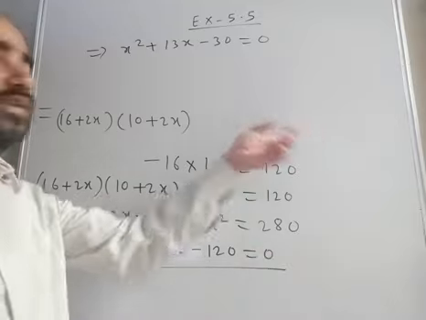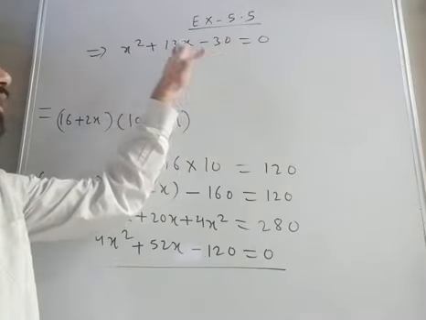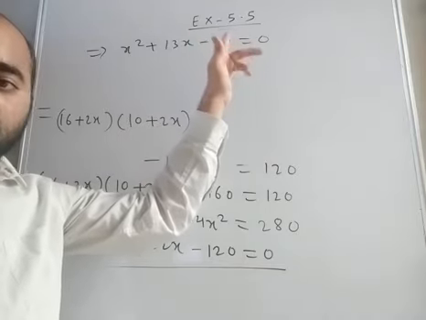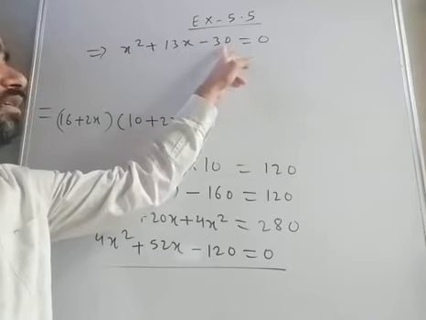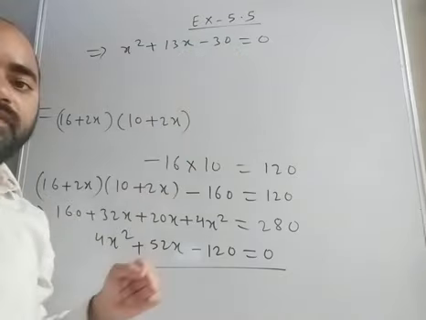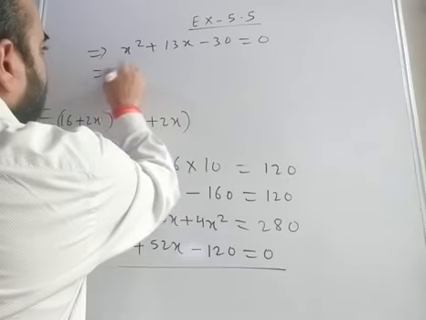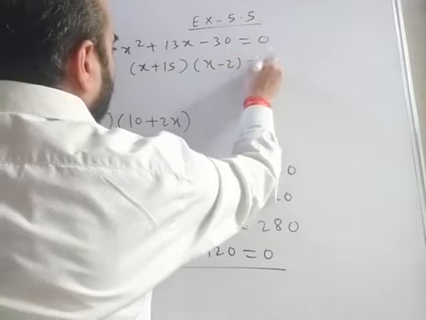Now middle term splitting. Here it is 13 and the product is 30. It means we can take 10 and 3, but the problem is product is negative. It means we can take 15 and 2. It means (x + 15)(x - 2) = 0.